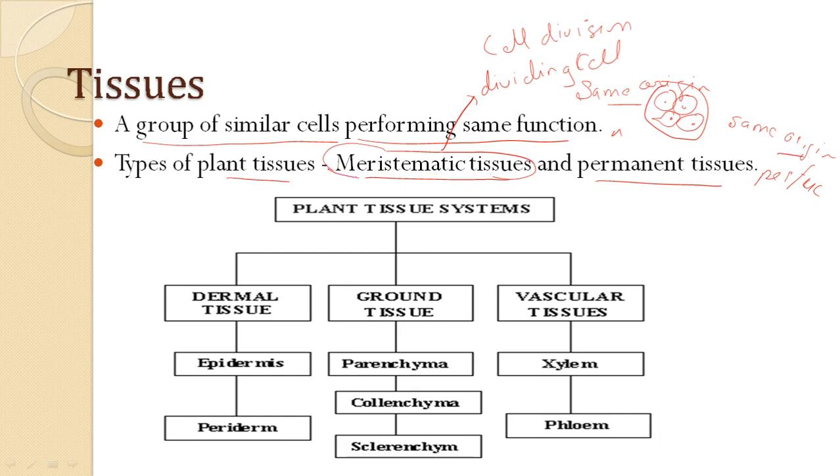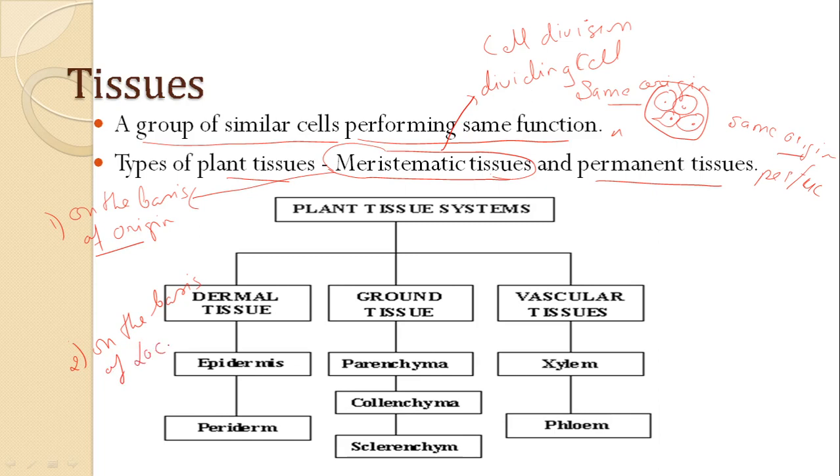Meristematic tissues are divided into two groups: on the basis of origin, and on the basis of location.